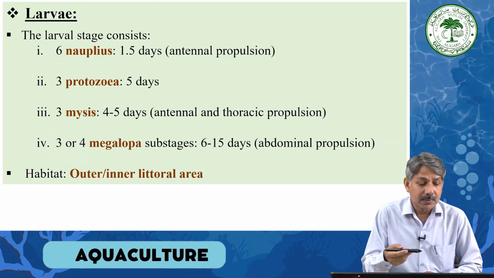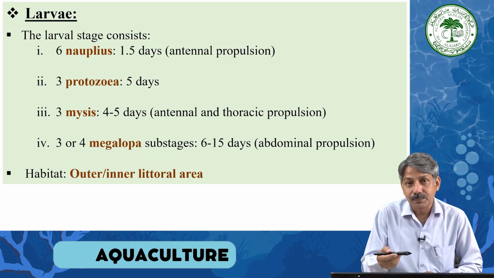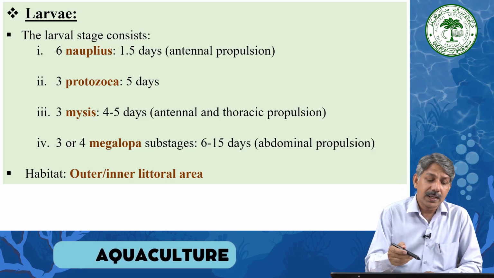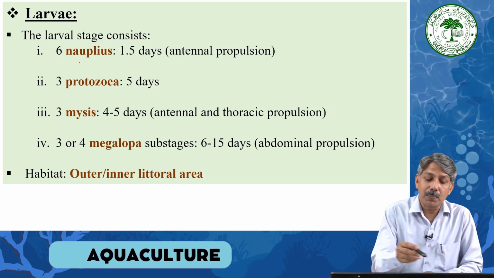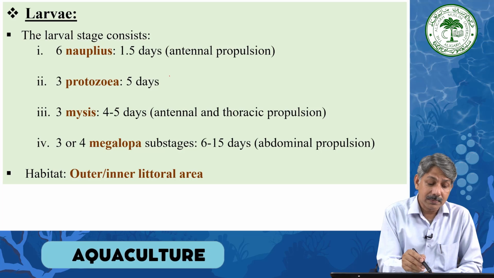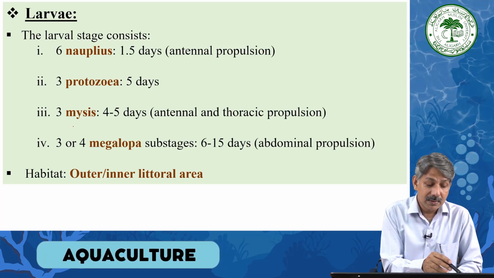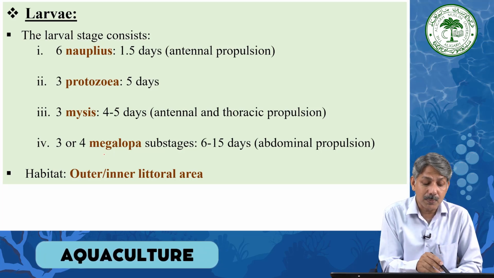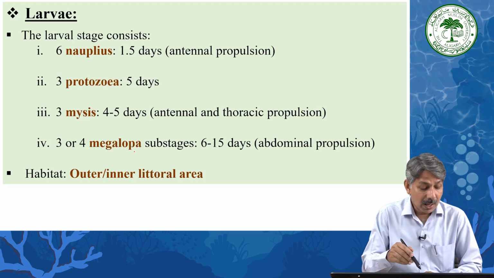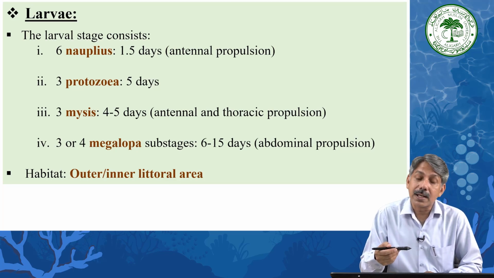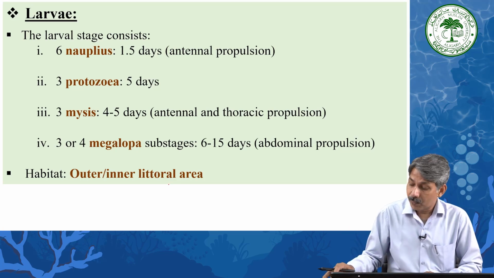There are different larval stages in Penaeus monodon. Here you can see that we have 6 nauplius stages, 3 protozoea stages, 3 mysis stages, and 3 or 4 megalopa substages, and their habitat is the littoral area.